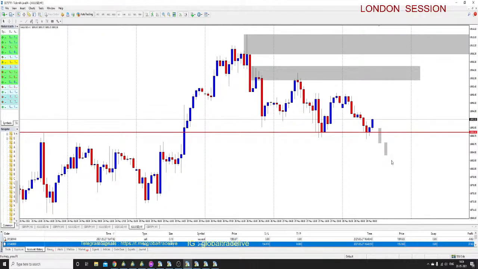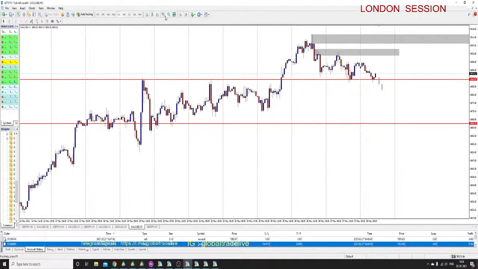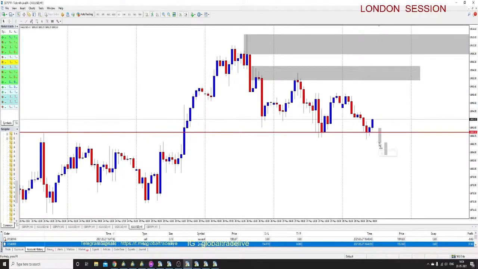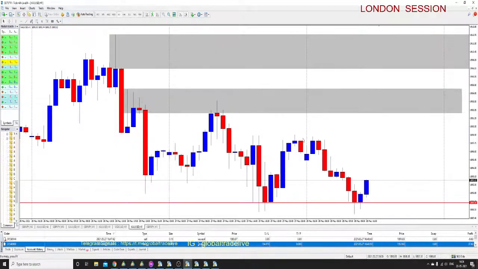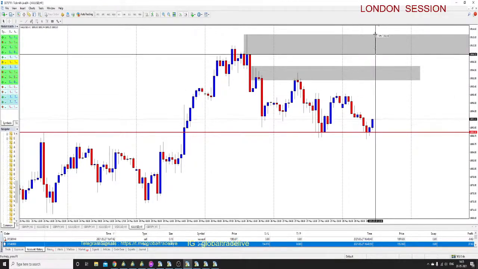But if we are moving down, what should be the level? We would be finding some level in the 4 hour, but I think that will not be the case, so we will not go into that. If gold starts to move up, then where should we take our trade? That's the big question. I think this will be a good option to trade 33 pips. This will be a good option to trade 50 pips.